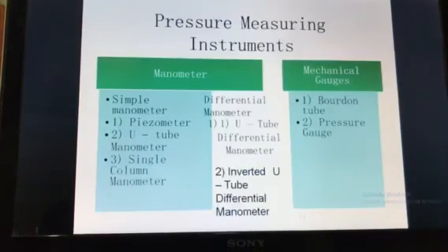Now we will see the pressure measurement devices. Pressure measuring devices are classified in two manners. First one is manometer, second one is mechanical gauges. Manometer means simple manometer, U-tube manometer, single column manometer, differential manometers, as we have studied during our experimental setups. The second category is mechanical gauges: first one is Bourdon gauge and second one is pressure gauge.